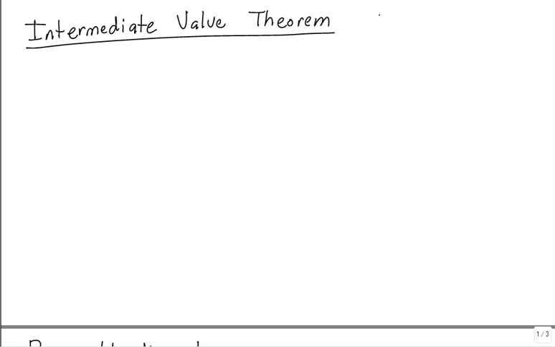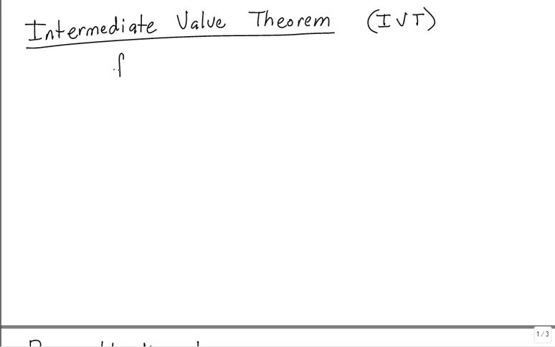Okay, now, we introduce here the intermediate value theorem. And it's really, really important. You've used this in algebra. You probably didn't know you used it. I'm going to call it IVT, intermediate value theorem.